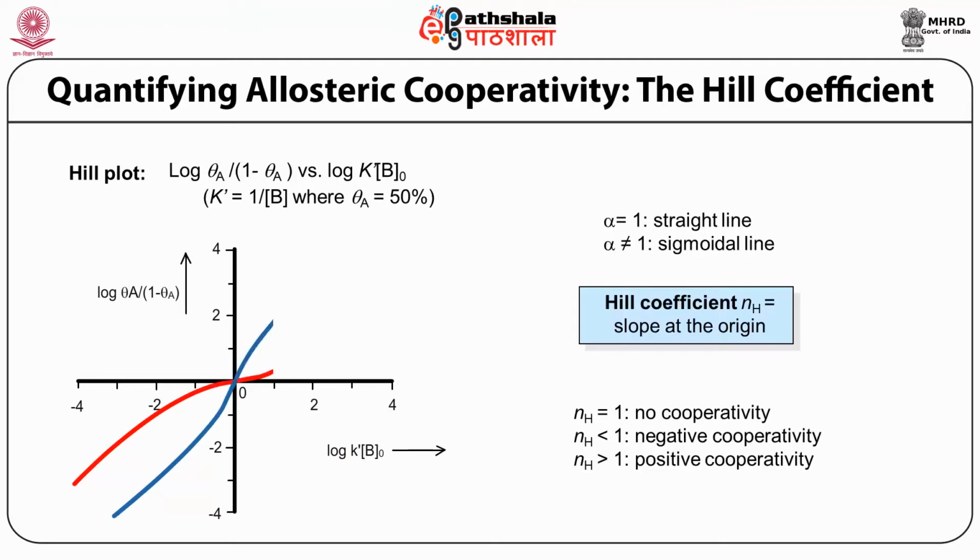This plot is called the Hill plot, and the slope at the origin gives the Hill coefficient. For the blue trace, eta H more than 1 is positive cooperativity, and eta H equals 1 means no cooperativity, like the reference system, and eta H less than 1 is negative cooperativity.